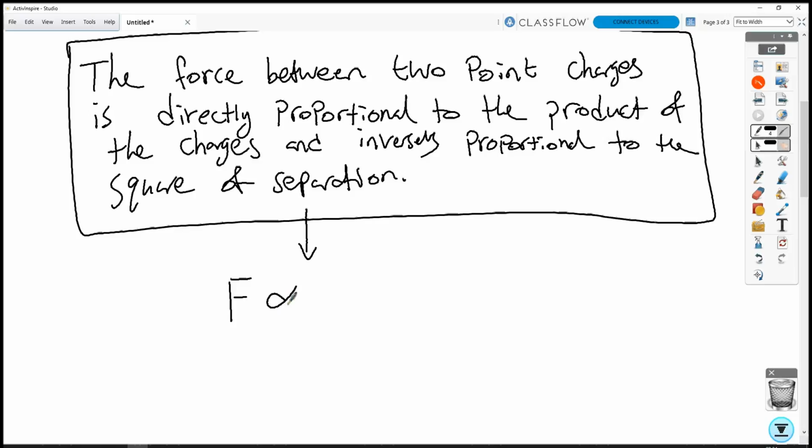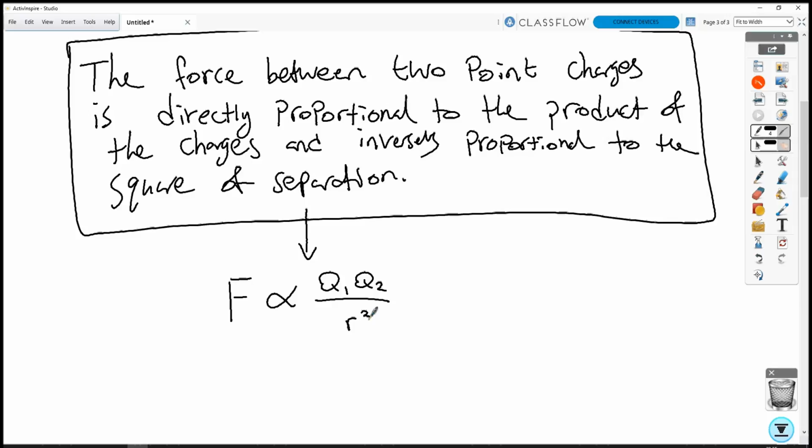Force is proportional to the product of the charges. Product means multiply them together, so Q1 Q2. And inversely proportional to the square of separation. Separation we denote as R, so the square of separation is R squared. So we've got F is proportional to Q1 Q2 over R squared.